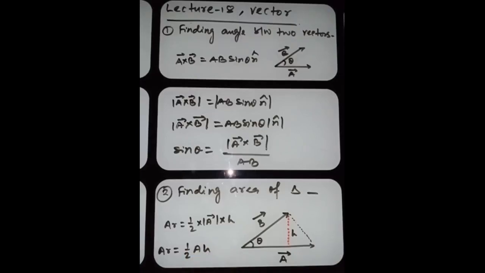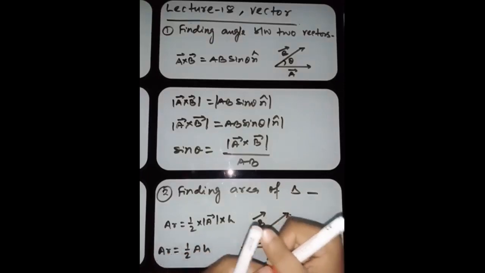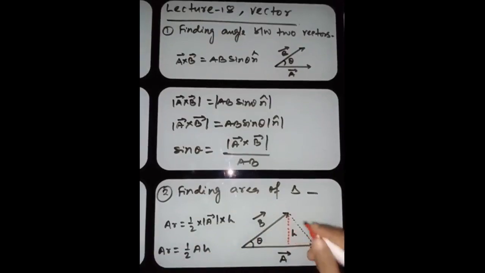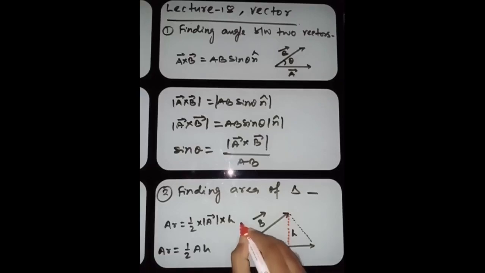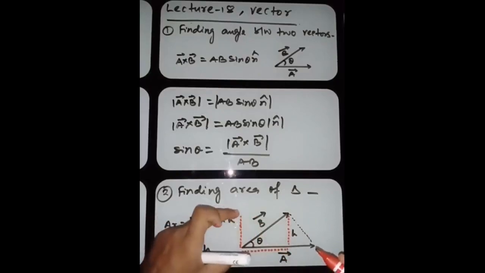Now, my dear students, find out the value of h. We know h is the perpendicular and we don't have its value, so try to find the components of B. There are two components: one is B cos theta along this axis, and another perpendicular to this axis, which is B sine theta.